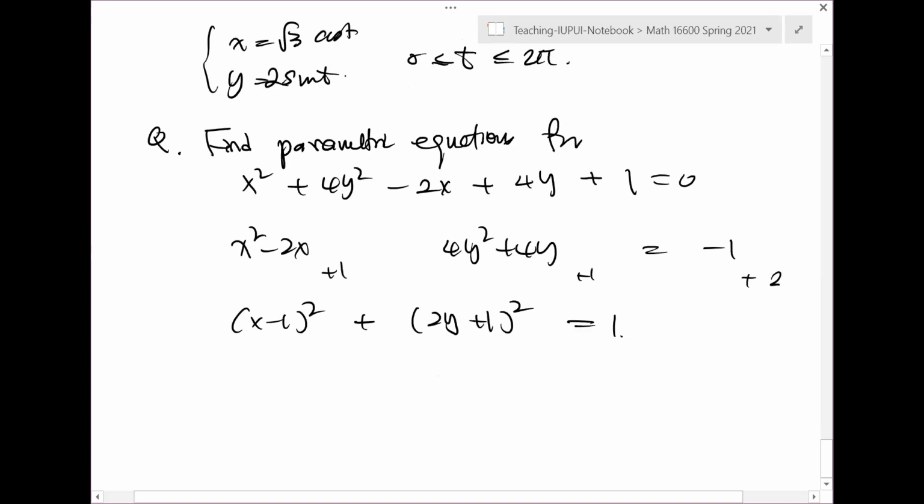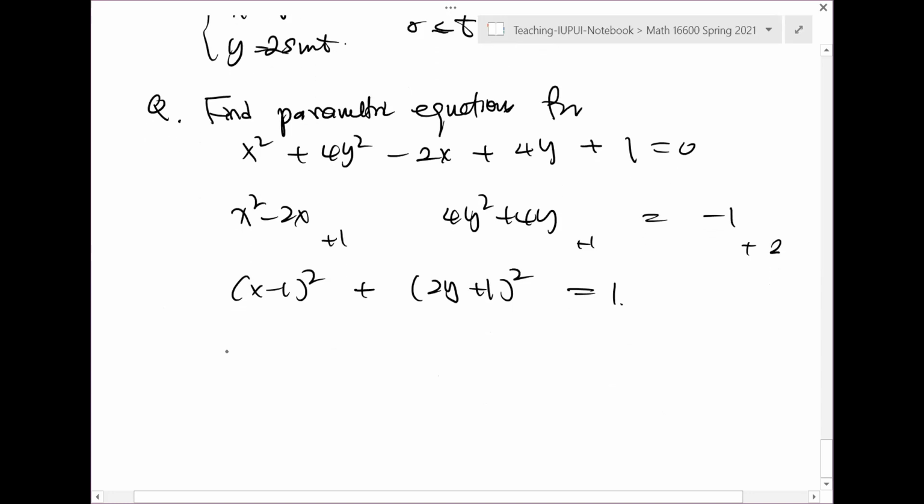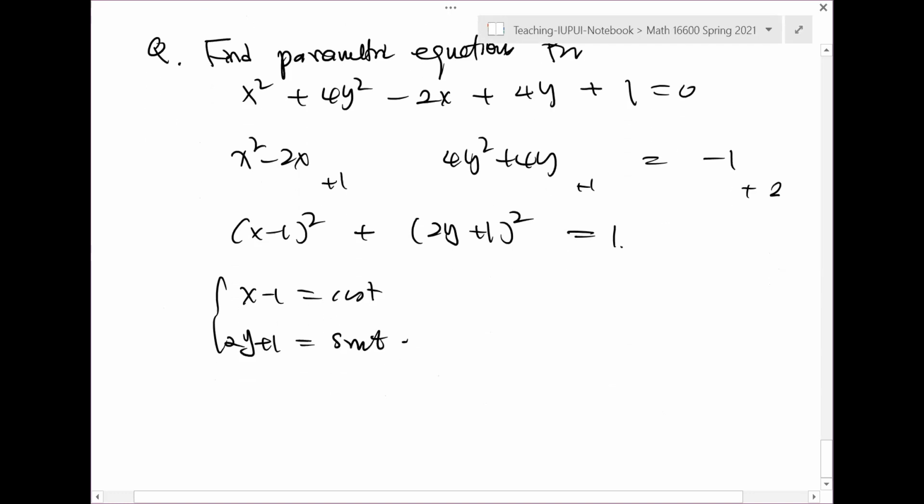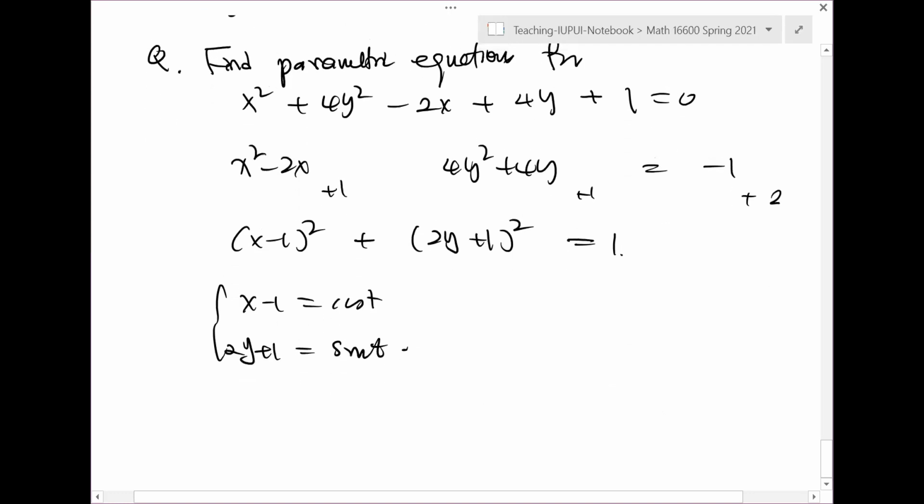So again, this is a squared, right? So clearly, x minus 1 should be cosine t, and 2y plus 1 should be sine t. Okay. Right, then cosine squared plus sine squared equals 1.